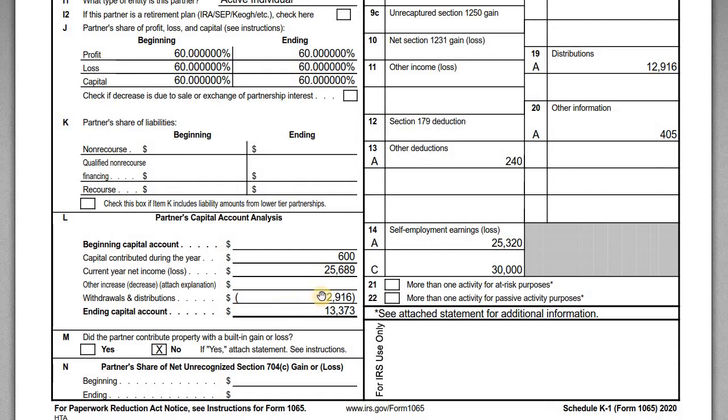Withdrawals is the actual cash distribution paid out to the partner during the calendar year. So again, $600 of capital contributed is the amount of cash in, and withdrawals and distributions is the amount of cash that the partnership paid out to this individual partner during the year.